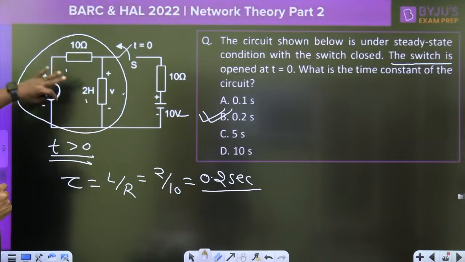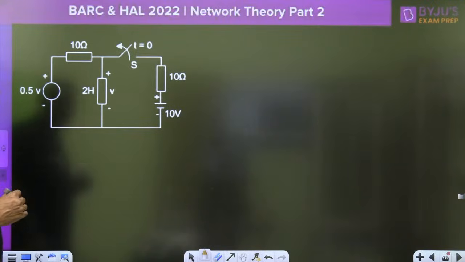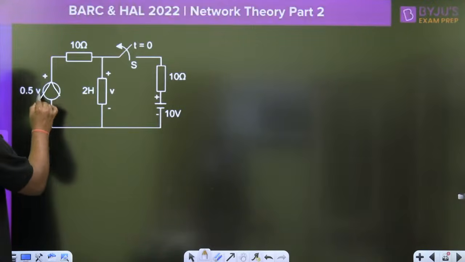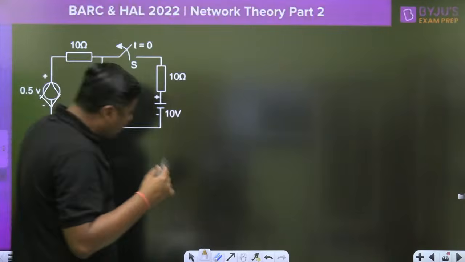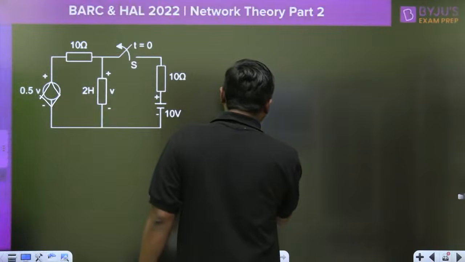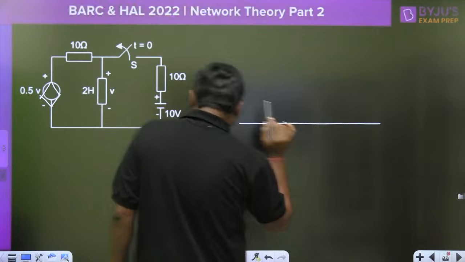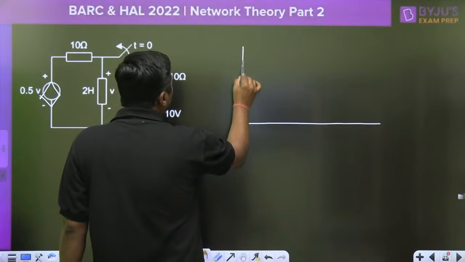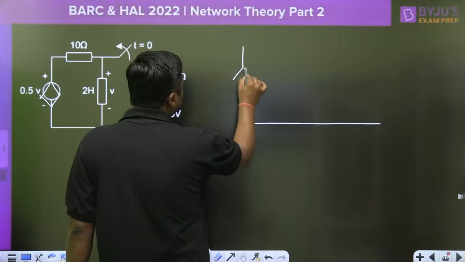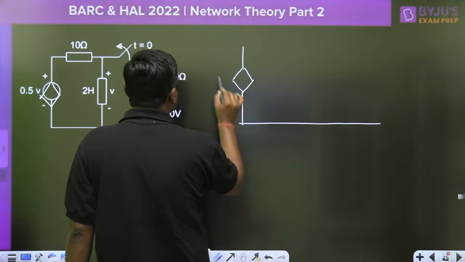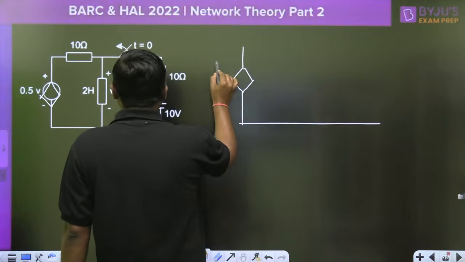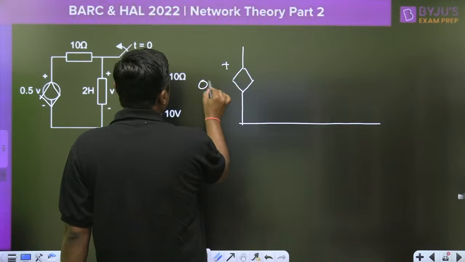इफ वी आर हैविंग द डिपेंडेंट सोर्स हियर, सपोज मैंने यार देखो यहाँ पर क्या होता है, नेटवर्क में नॉर्मली डिपेंडेंट सोर्स का सिंबल ऐसे देगा. कोई बात नहीं, मैंने उसको असयूम किया है और जो मैंने क्वेश्चन दिया उसके हिसाब से मैंने दिया था इंडिपेंडेंट सोर्सेस. If we are assuming dependent sources, what will be the answer, everyone? What will be the answer for this question?